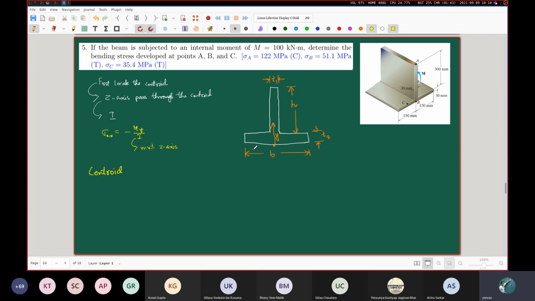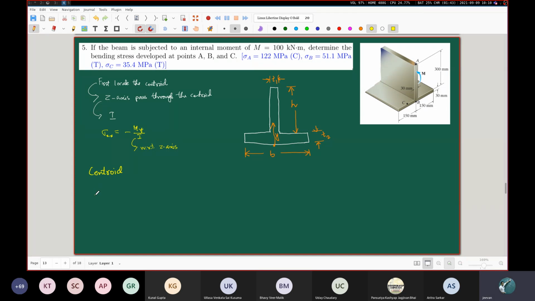Even without any calculation, because this is a symmetric beam, with horizontal symmetry about the axis with which this y line is contiguous, there is no point in calculating it separately. The z coordinate is going to be 0 for the centroid.